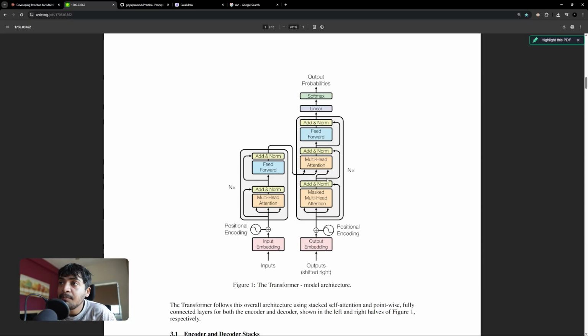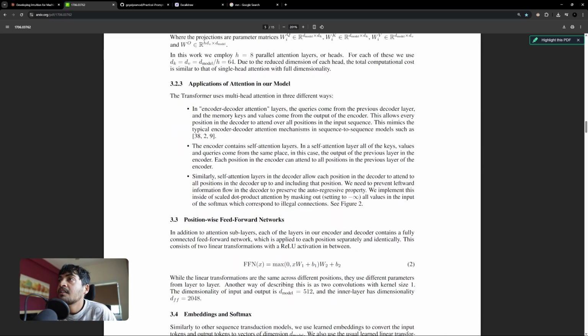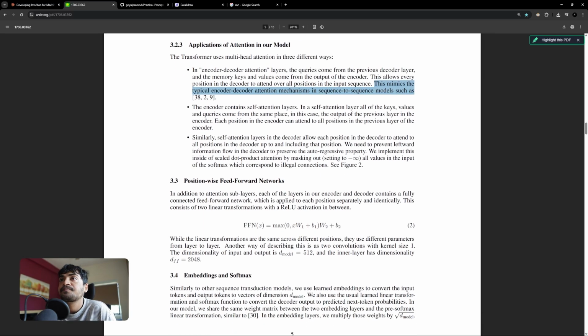The query is coming from the decoder, but the keys and values always come from the encoder. This allows every position in the decoder to attend over all positions in the input sequence. This mimics the typical encoder-decoder attention mechanism in sequence-to-sequence models.